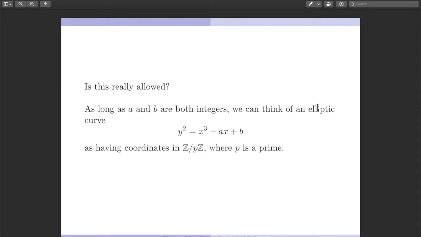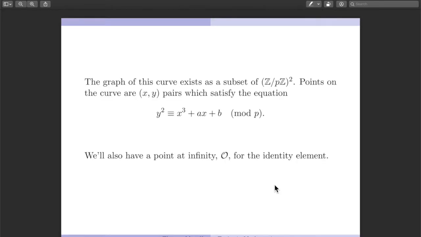And I'm claiming now that we are going to be working with these kinds of curves where our coordinates are going to be coming from the group Z mod pZ. It's all right if that seems a bit strange.